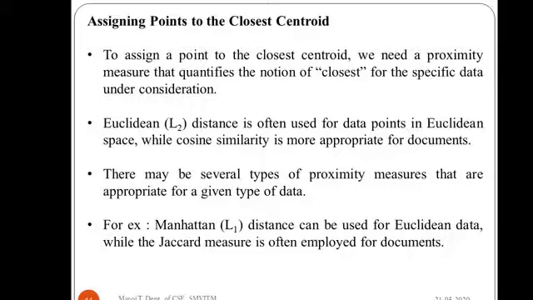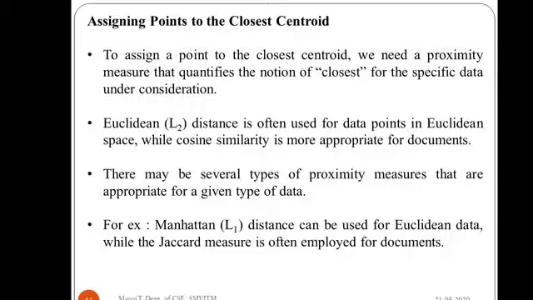Cosine similarity, which we have already discussed, is more appropriate for documents to check the similarity. There may be several types of proximity measures that are appropriate for a given type of data. For example, Manhattan distance L1 can be used for Euclidean data, by taking the absolute difference between the two points.